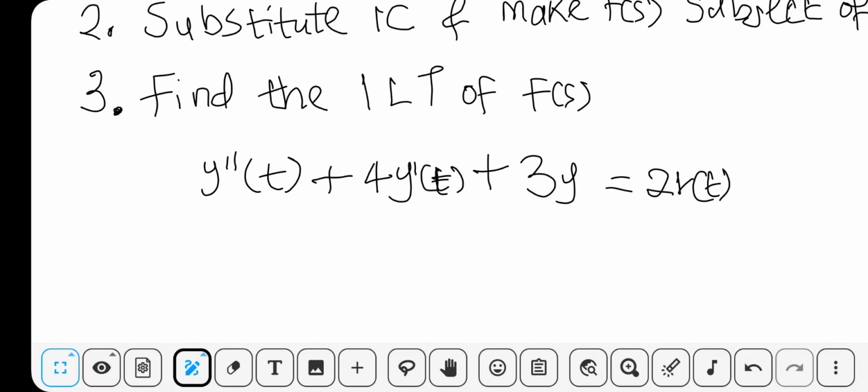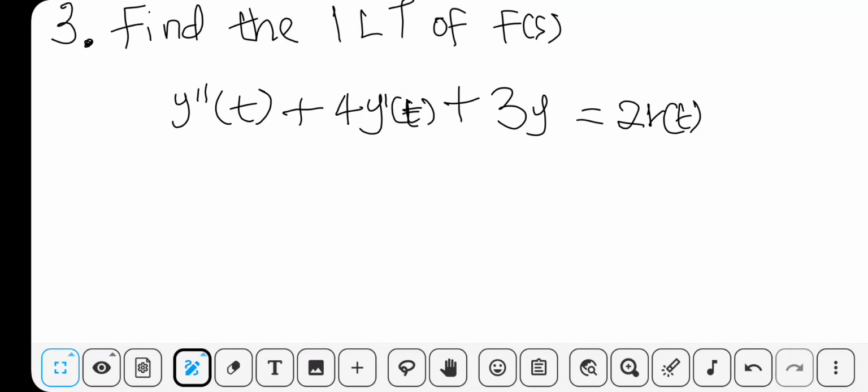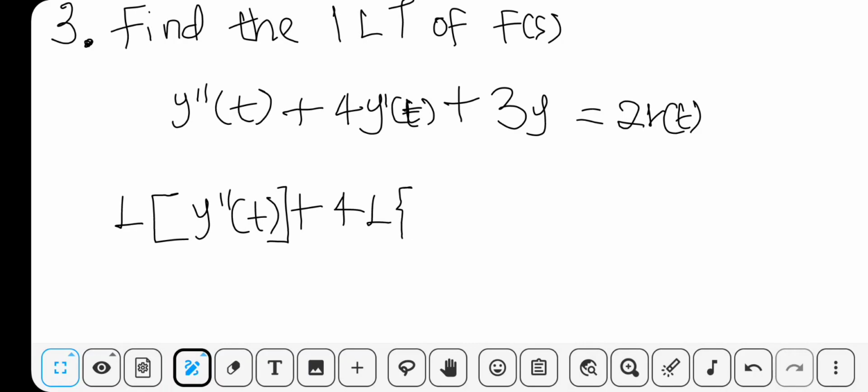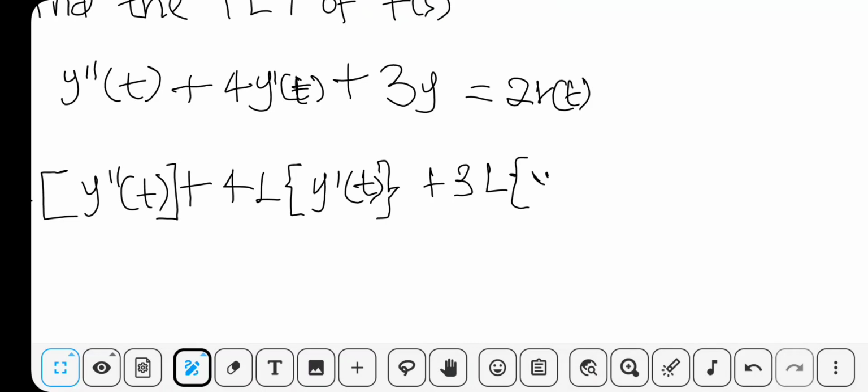So we can continue. Applying the first step, Laplace transform of this DE, plus 4 times the Laplace transform of this, and then plus 3 times the Laplace transform of this, is equal to, from what we're given, we know that the function of t is equal to 1.